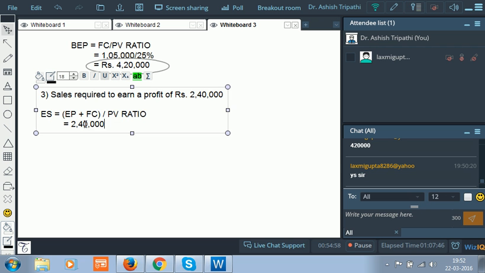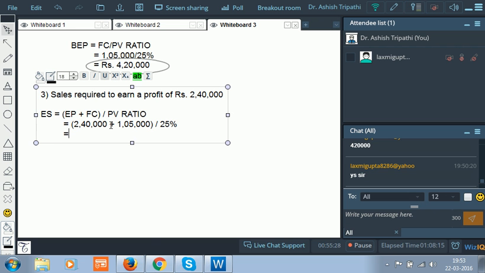What exactly we want? We want sales. Profit दिया है? Yes दिया है, 2,40,000. 2,40,000 plus fixed cost. Fixed cost कितना निकाला हम लोग ने? Fixed cost we got as 1,05,000, upon PV ratio.